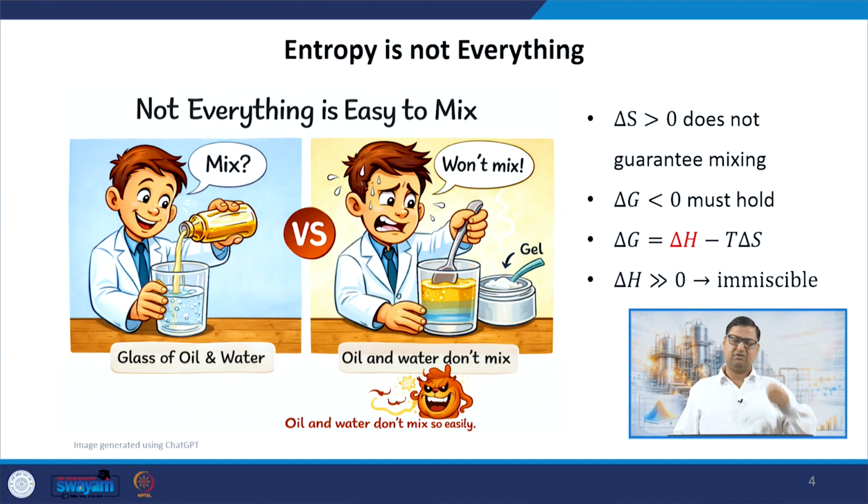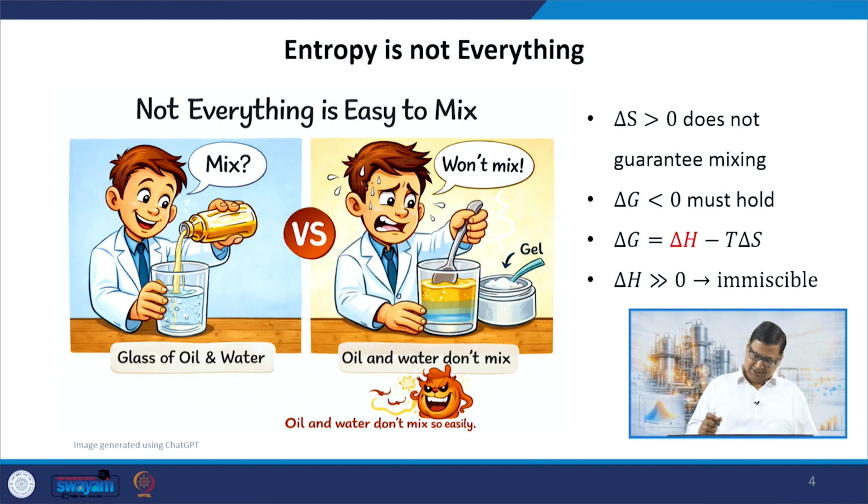If by a lot of effort you manage to stir it, it will look like a solution of oil and water, but as soon as you stop stirring, the oil will separate and the water will separate, and you will have a perfect phase separation between oil and water, right. In common parlance, we say this is because oil and water are immiscible. But what causes immiscibility? Where does our analysis based on entropy go wrong?